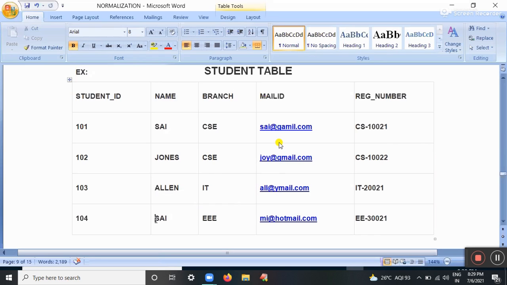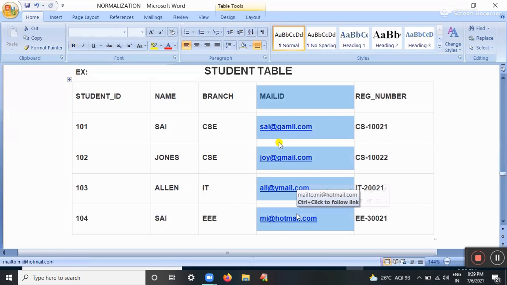Next, mail ID. Tell me, guys, mail ID, can I say it is a super key column? Yes, we can say. Why? Because every student's mail ID is unique.